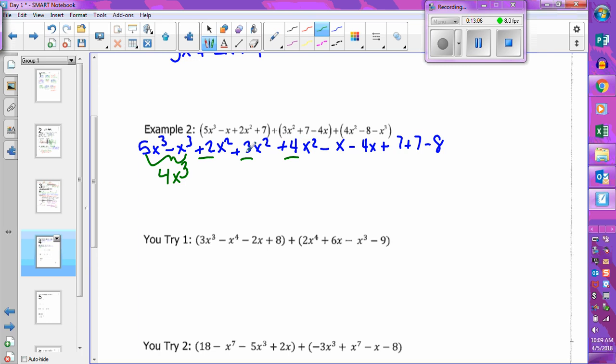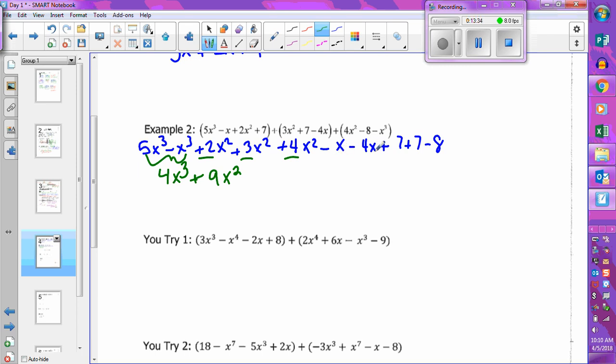So 4, 5, 6, 7, 8, 9, which is going to give us a positive 9x to the second degree. So we combine all of these together because they are like terms, so that way we end up with 9x to the second degree. Wonderful.